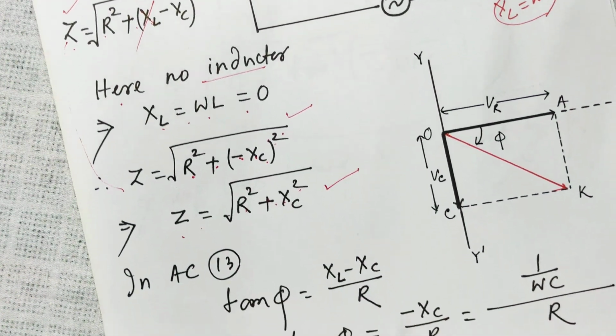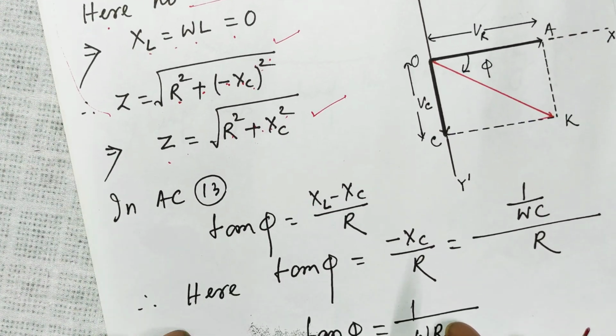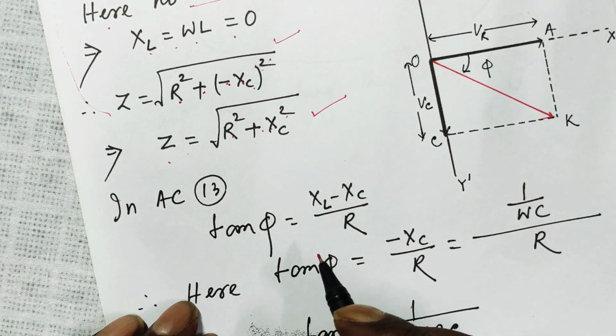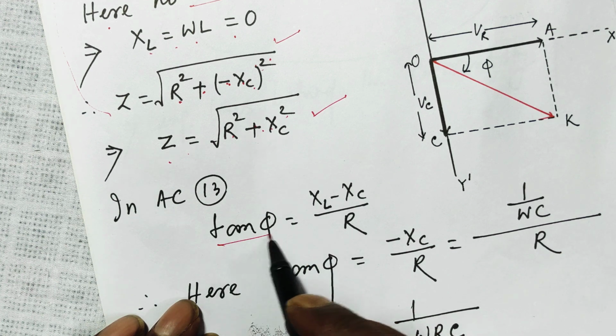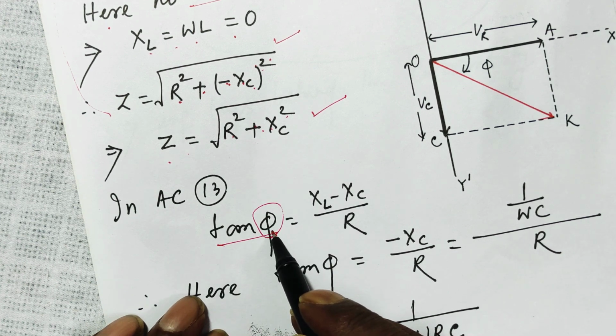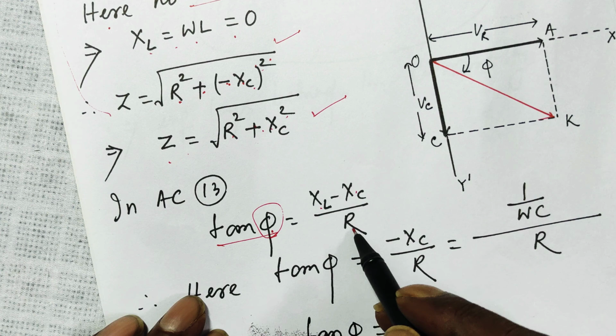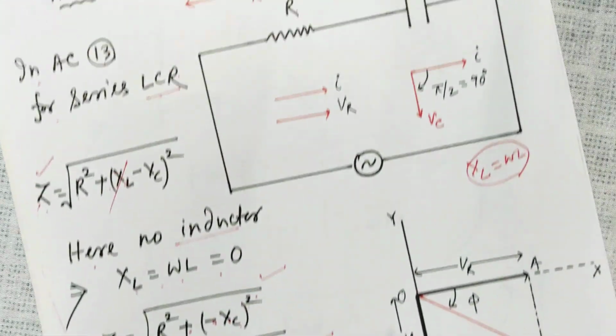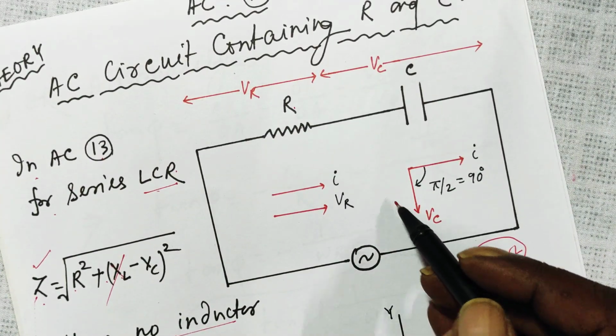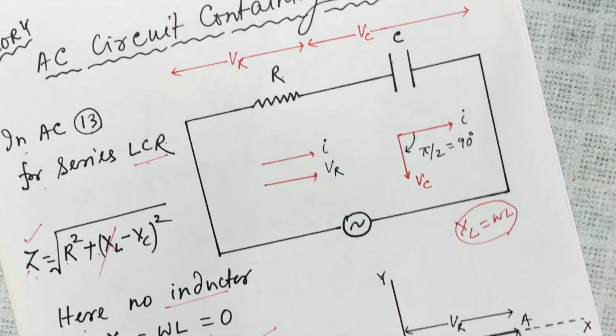Also, in alternating current lesson 13, we had derived that when there are three elements R, L and C, tan phi, the phase angle between the voltage and current, was (XL minus XC) over R. Here we don't have an inductor, only resistance and capacitor.